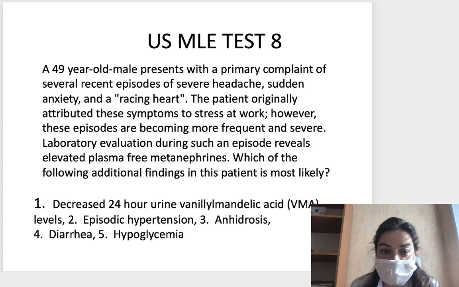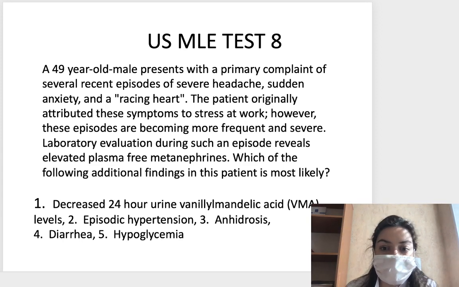And one more test for today for you. A 49-year-old male patient presents with a primary complaint of several recent episodes of severe headache, sudden anxiety, and racing heart. The patient originally attributed these symptoms to stress at work. However, the episodes are becoming more frequent and severe. Laboratory evaluation during such an episode reveals elevated plasma-free metanephrines.